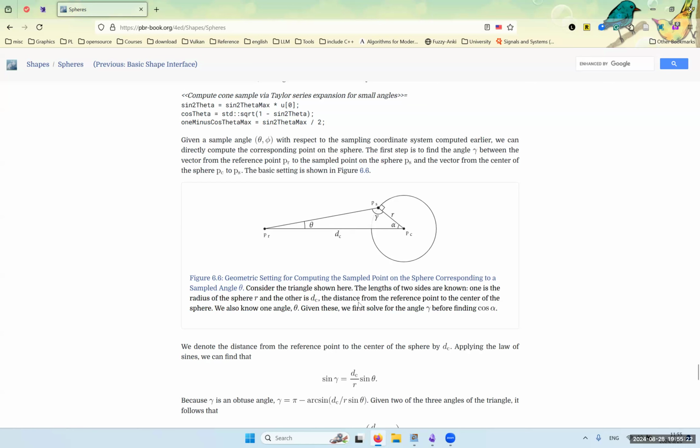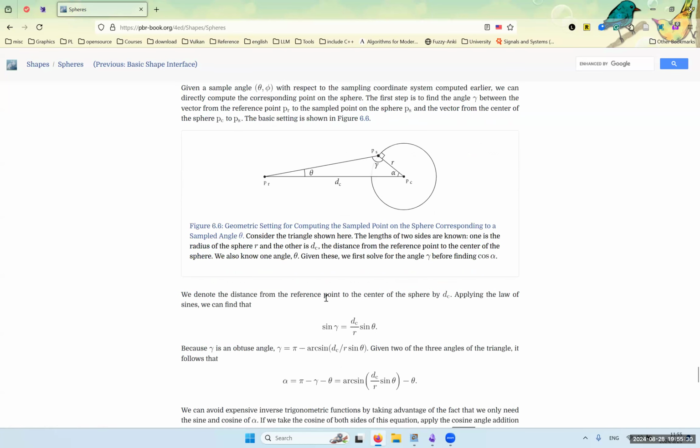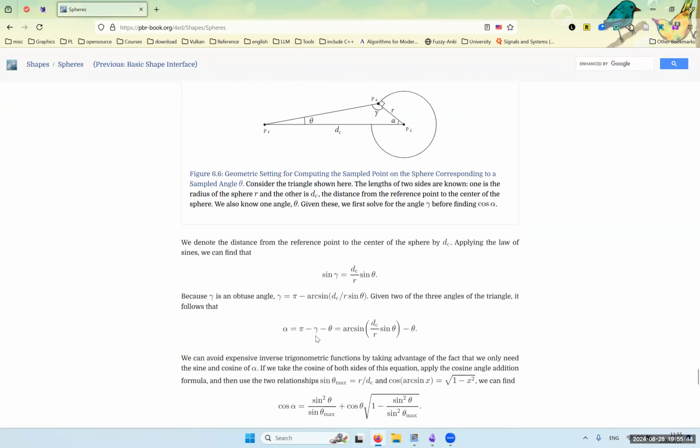Yeah, I see. And if gamma is an obtuse angle, we can use this. And alpha is this.